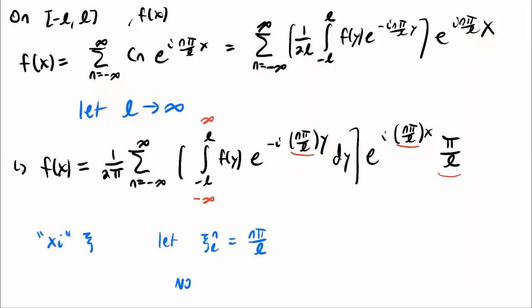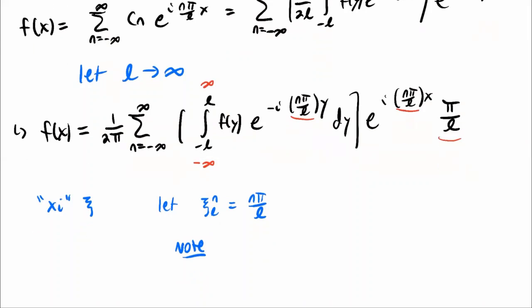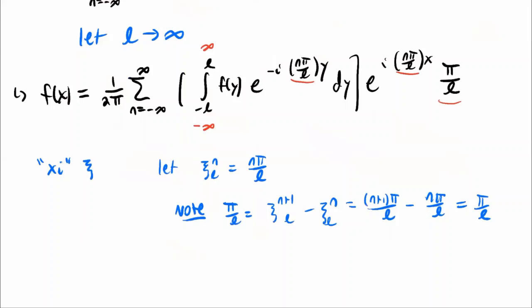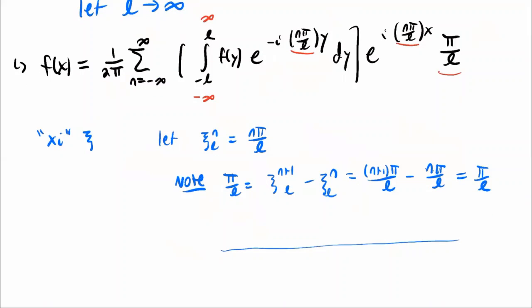Well, notice that these terms here aren't the only thing that depend on L. We also have this pi over L term here, but notice that pi over L is given by xi n plus 1 minus xi n, because xi n plus 1 is n plus 1 pi over L, and xi n is n pi over L. And so their difference is just pi over L. If I have my number line here, let's say this is pi over L, 2 pi over L, 3 pi over L, and so on.